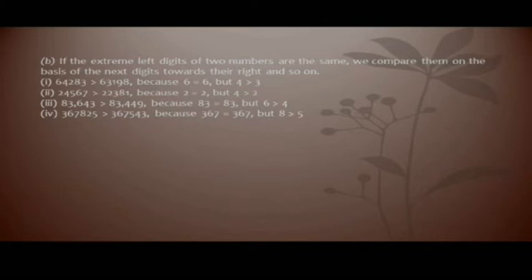The third one says 83643 is greater than 83449 because 83 is equal to 83 but 6 is greater than 4. And the number 4, which says 367825 is greater than 367543 because 367 is equal to 367 but 8 is greater than 5.